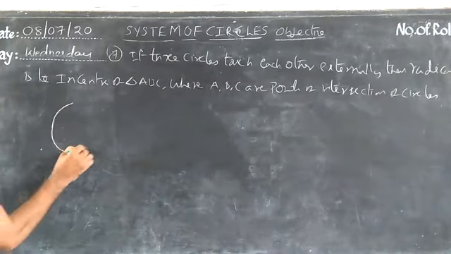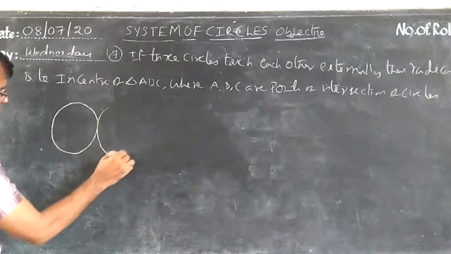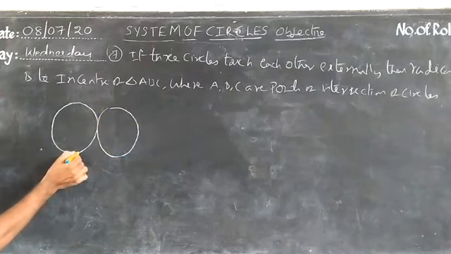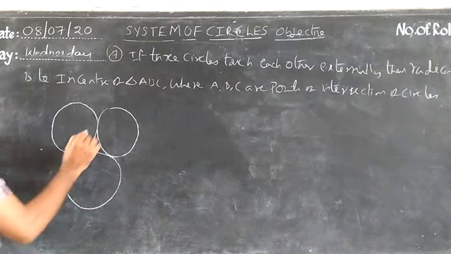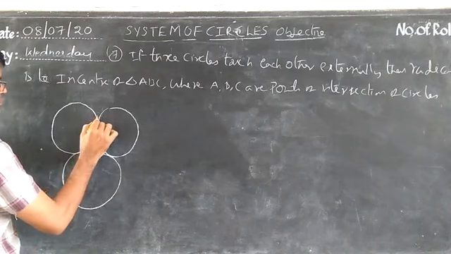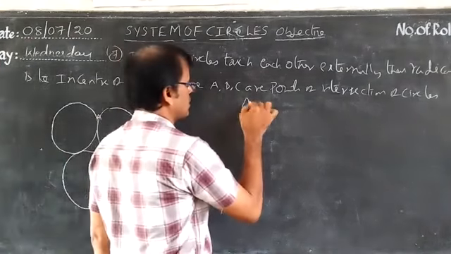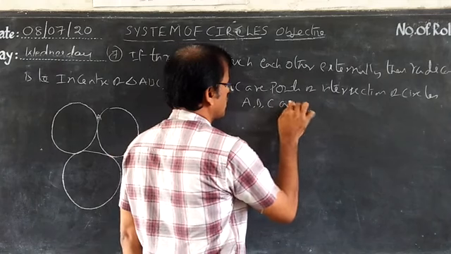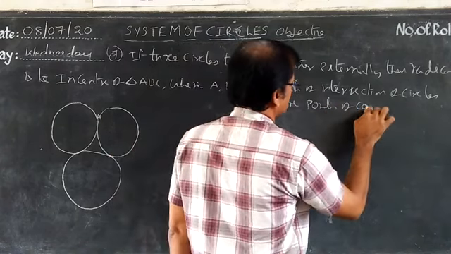Draw like this. Put here A. Here, points of intersection of circles means A, B, C are points of contact, also you can write.